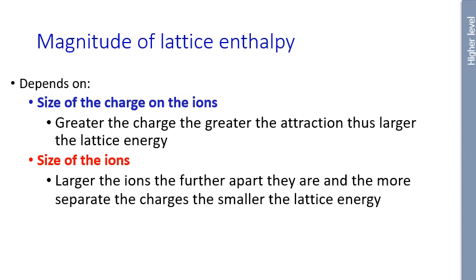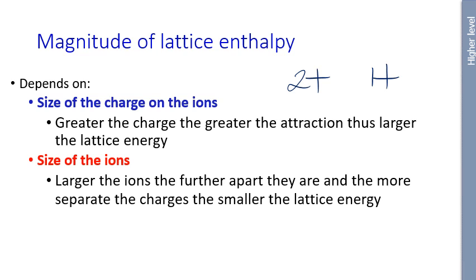The magnitude of this lattice enthalpy depends on 2 things, which we've already looked at when we looked at periodicity. It depends on the size of the charge of the ion. The greater the charge on the ions, the greater the electrostatic attraction, thus the greater the lattice energy. So 2 plus is going to have a larger attraction than an ion with 1 plus. So magnesium oxide, for example, has a larger lattice enthalpy than sodium chloride.